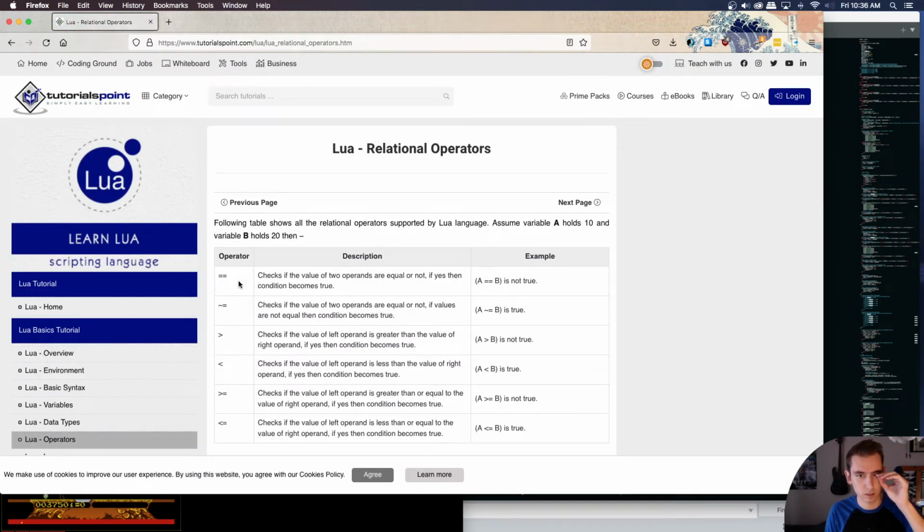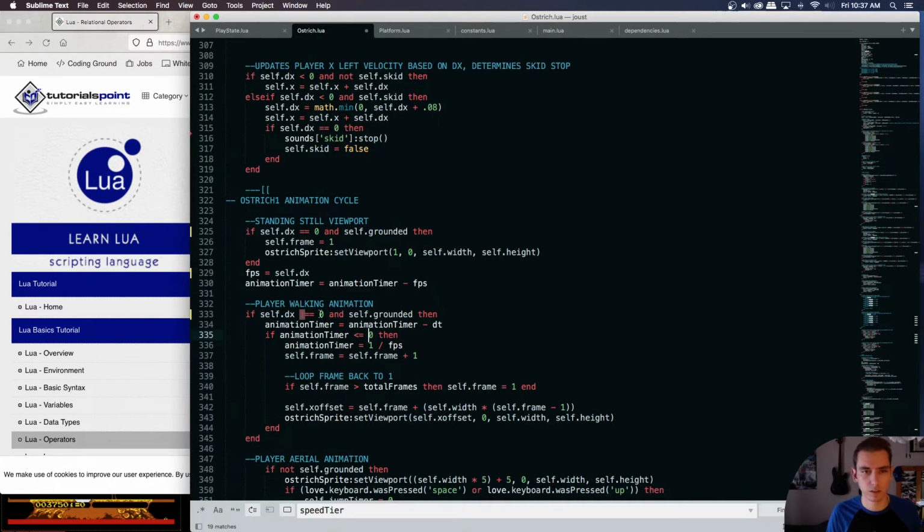Okay, no, they do. It's just tilde equals, not a bang equals. And that's also screwy because now the single equals is an assignment and the double equals is the equality operator, and the tilde is the not equals.